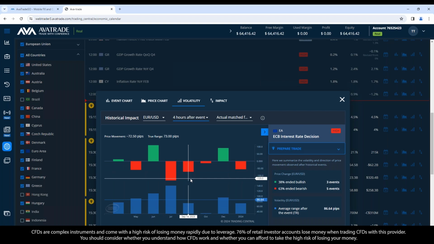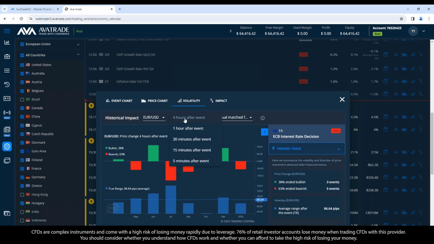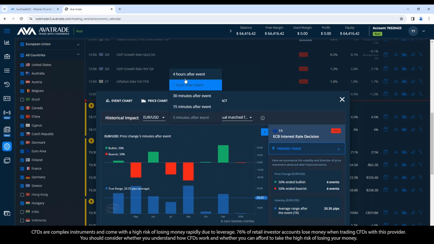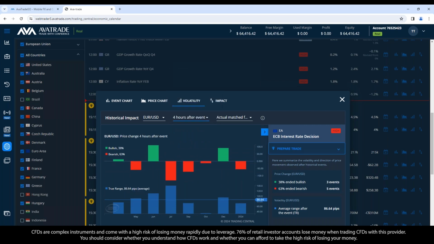So in actuality, if you wait the first 5 minutes, in many of these instances, you actually got a better entry point to then sell in the direction that you expect 2/3 of the time it would be after 4 hours, okay? And those that did drop in the first 5 minutes, the average range movement's only 20 pips, okay?